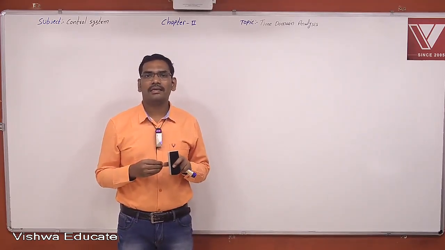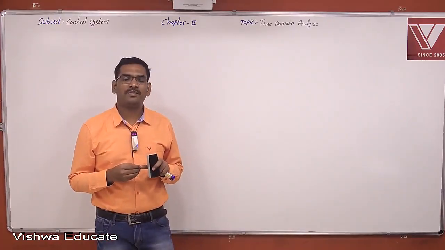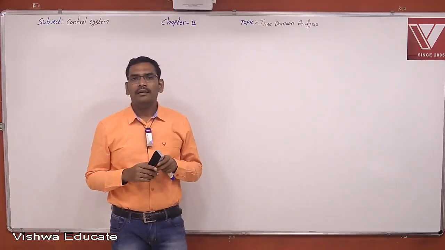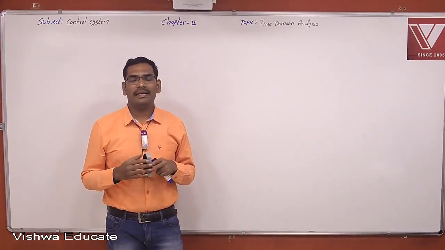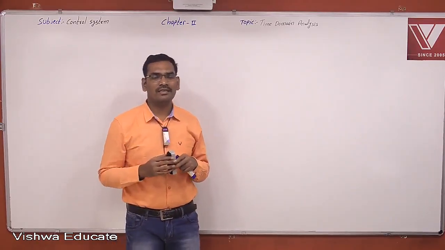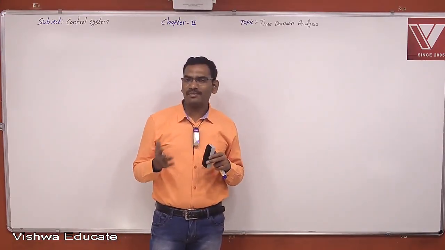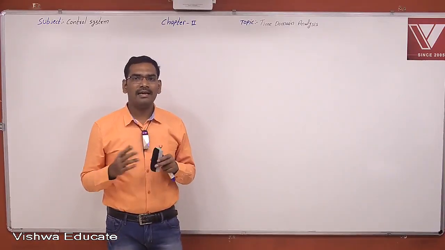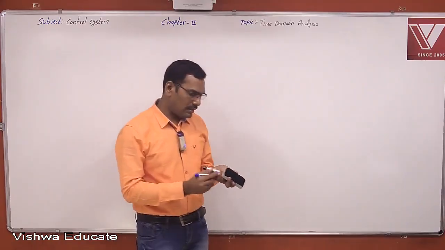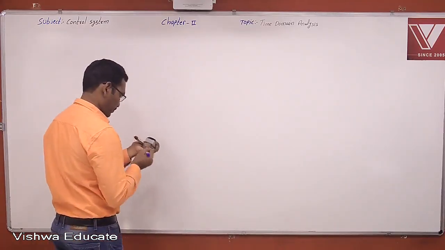Now that is called the second chapter of this control system, time domain analysis. Students, in this time domain analysis, don't think it is something new, because we have already finished it. Whatever we covered so far comes under time domain analysis. So I will just recollect what time domain analysis is. Let us assume a few responses.